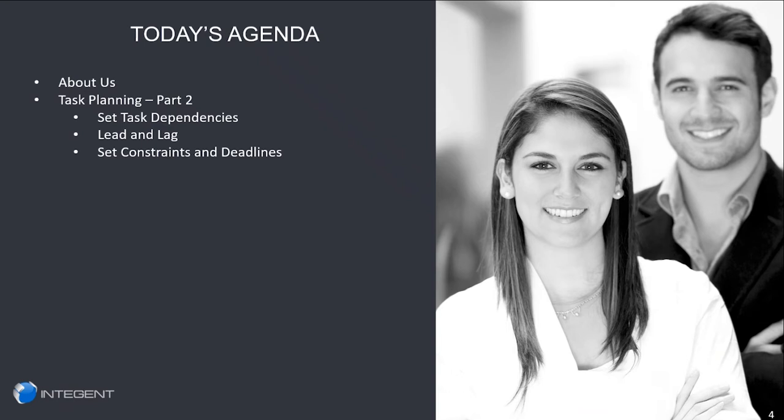And then we're going to talk about lead time and lag time between your tasks. It's under dependencies, but we keep it as its own separate topic here. And then last today, we're going to look at setting constraints, such as as soon as possible when it comes to scheduling tasks, and deadlines.